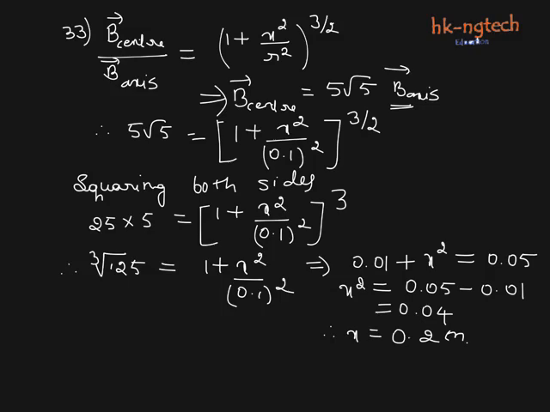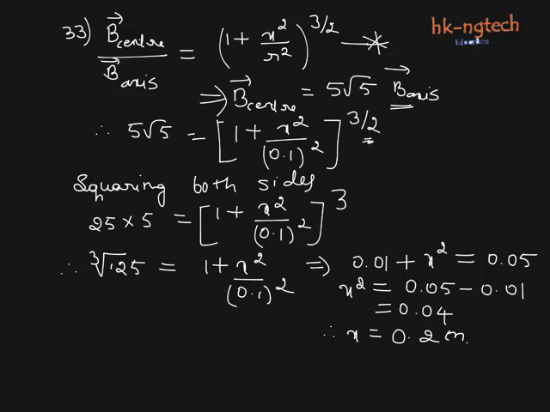So suppose I substitute the value of B center in this equation, I am left with 5 root 5 is equal to (1 plus x square divided by 0.1 whole square) whole to the power of 3 by 2. So squaring on both sides, 3 by 2 multiplied by 2, the 2s cancel.